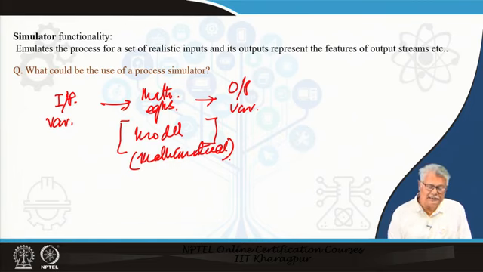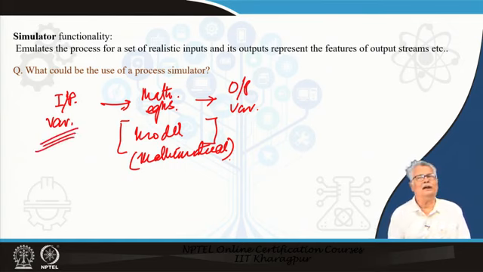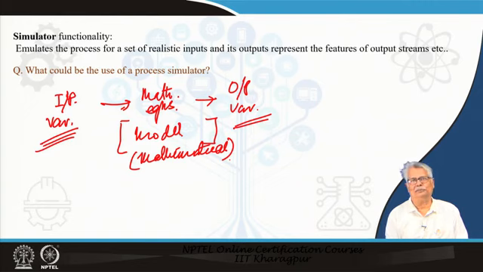Now, what I would like to say is, a simulator is one in which if you give the realistic input variables, and we know by now what these realistic input variables are, you can find out the output features without running the plant. Now, what we tried in our design is to find out the output based on my inputs.